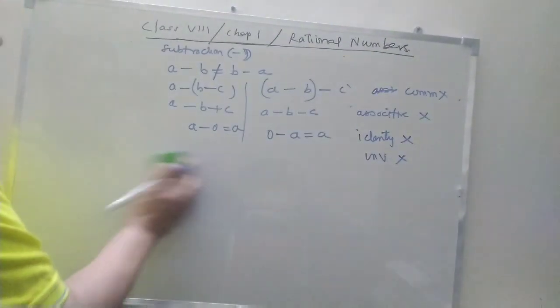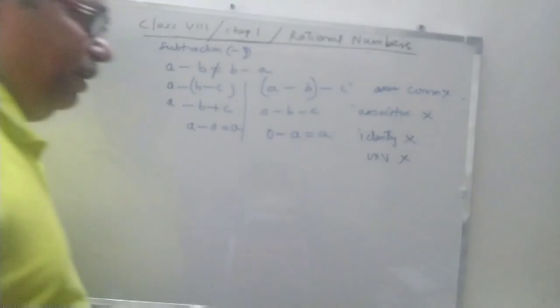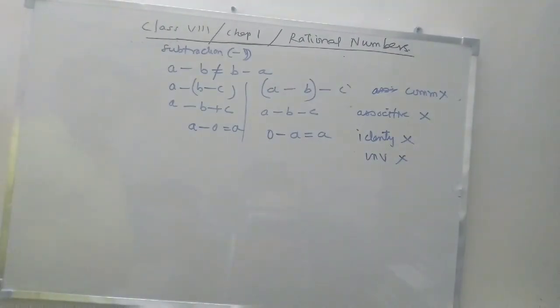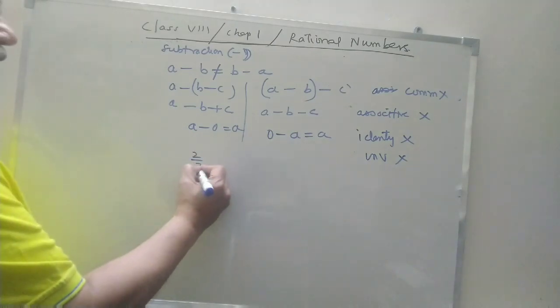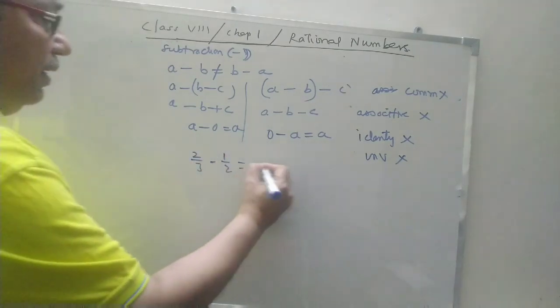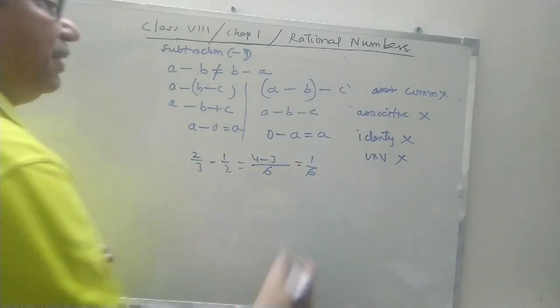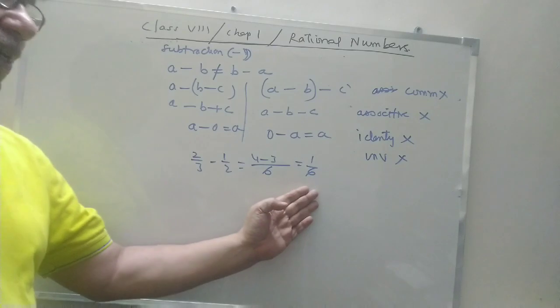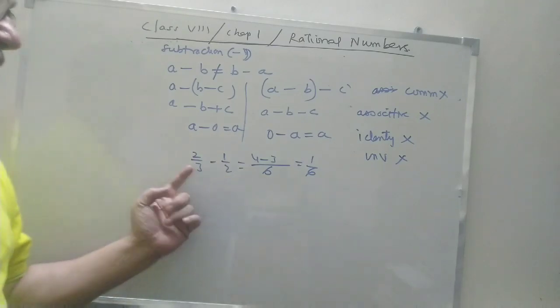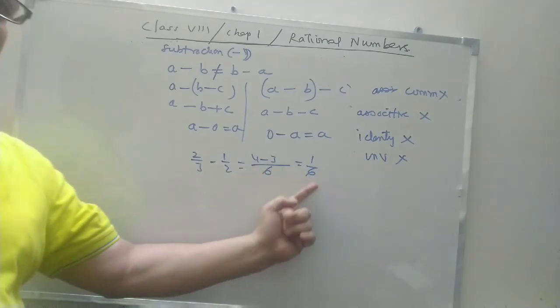Now only one property is left. What is that property? That property is closure property. Is closure property satisfied? Let's see. Suppose I do 2 by 3 minus half. LCM is 6. 4 minus 3, 1 by 6. We again get a rational number. So rational number minus rational number is again a rational number.